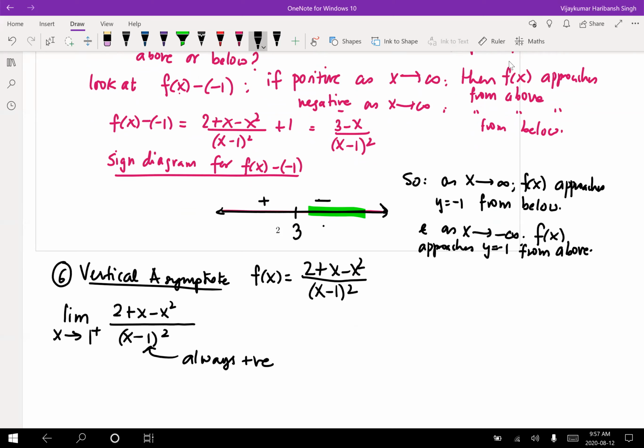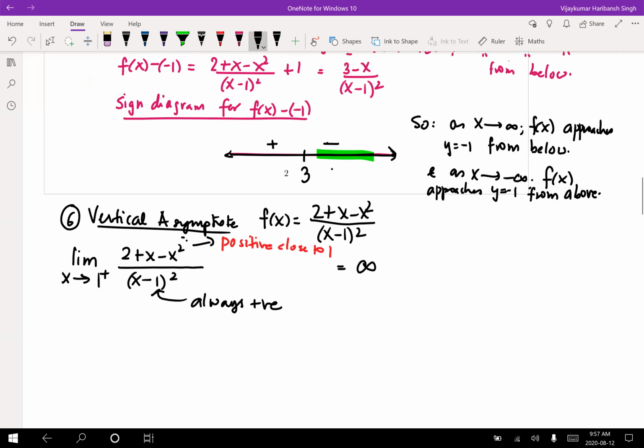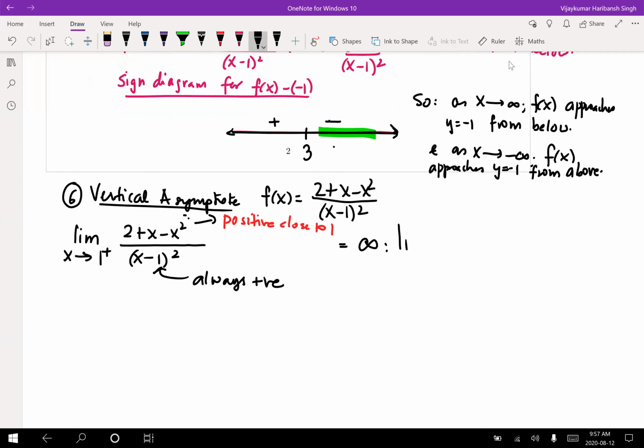The numerator, if you're close to 1, is positive. So this is positive close to 1. So positive over positive, this is going to be plus infinity. Not only that, we have the limit as x goes to 1 minus of f of x is also plus infinity.